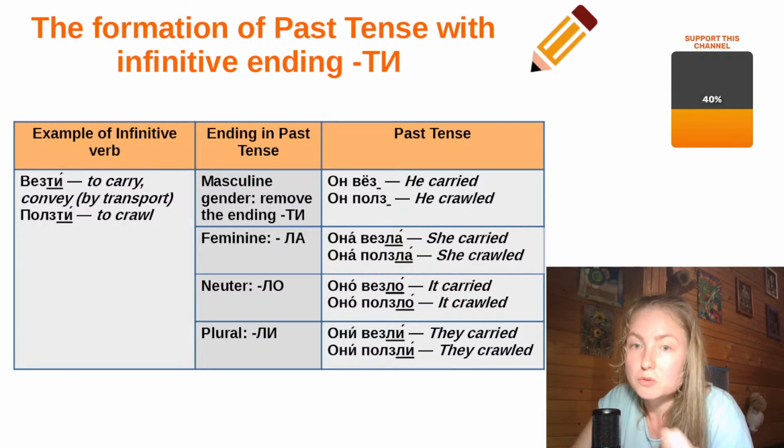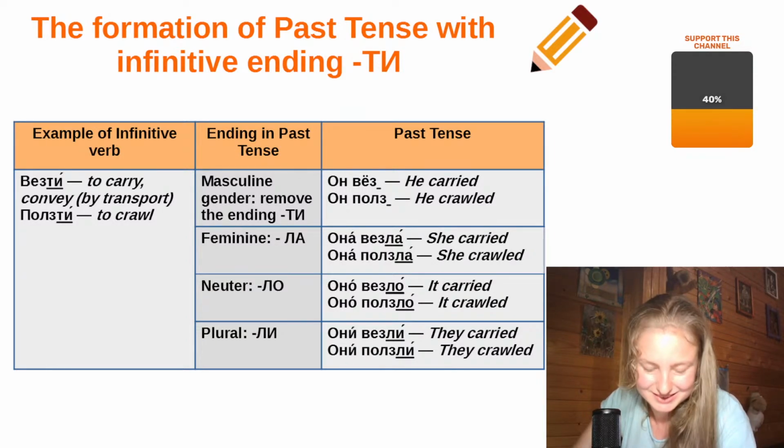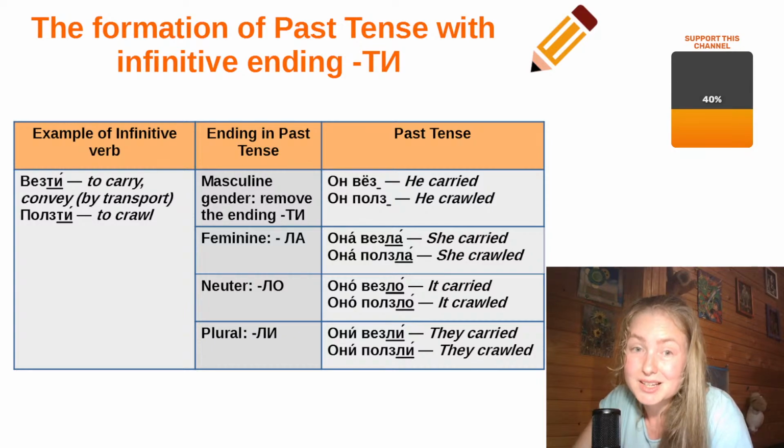And for plural, for мы, вы, они, we also remove т and add ли, like они ползли, мы ползли, вы ползли, мы везли. So you understood. I think it's not difficult.